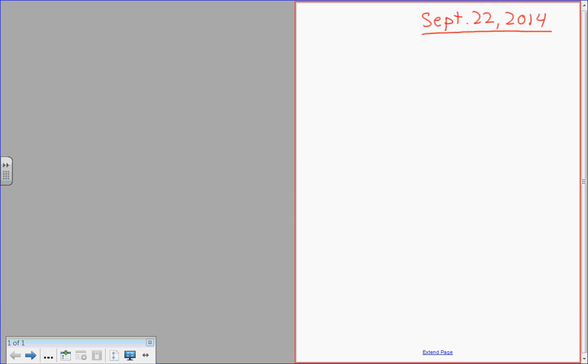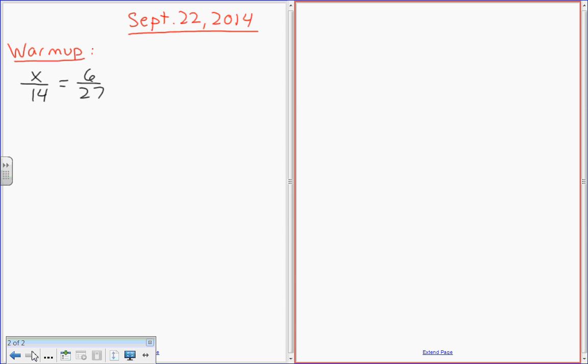There's going to be three warm-ups today. Warm-up number one is going to be this one here. Okay, solve for x. Warm-up number two is going to be one that looks like this: 90, 70, and x.